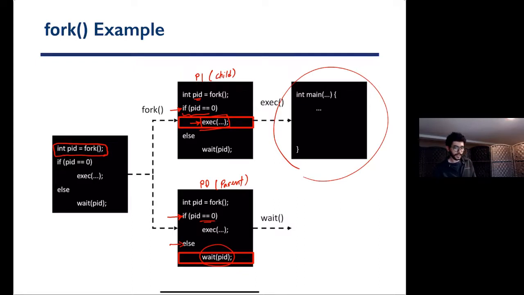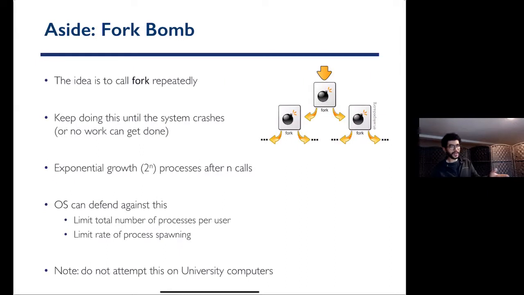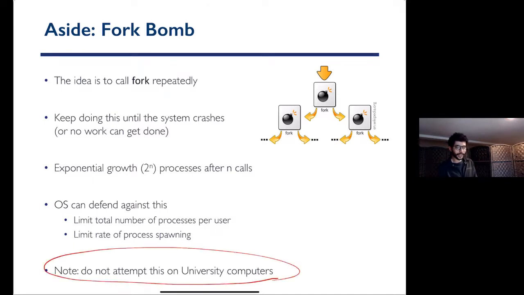Oh, some aside here. I'm going to say this first: do not do this on university computers, please. This is a fork bomb, a fun experiment. You can create one process that repeatedly forks, right? In a while loop, it calls fork.